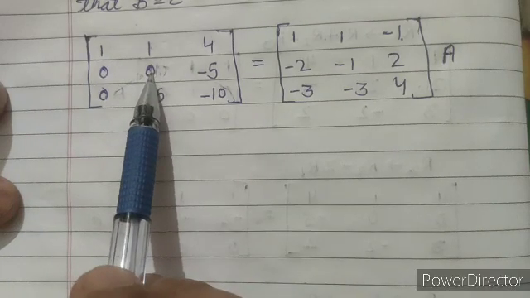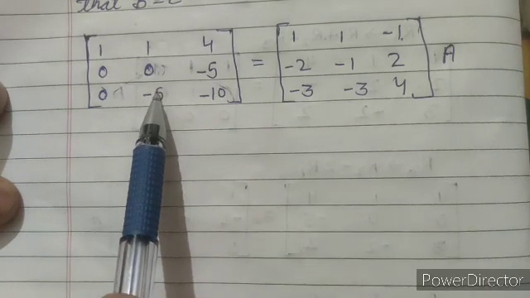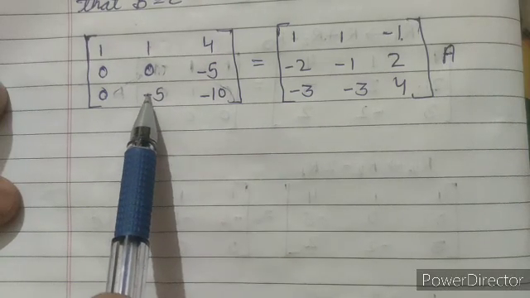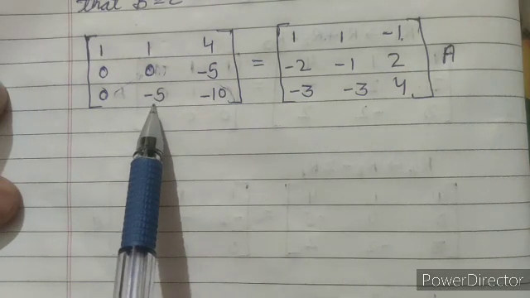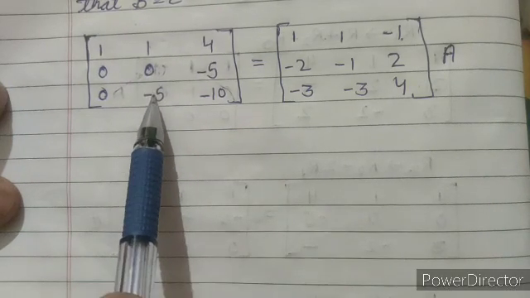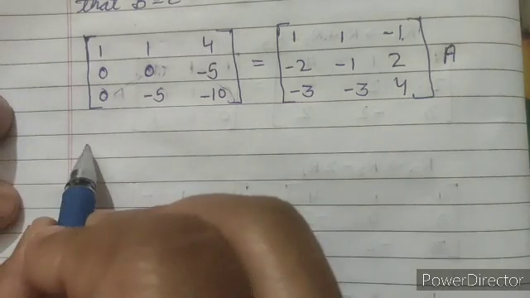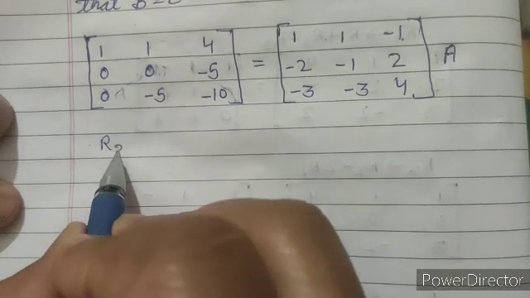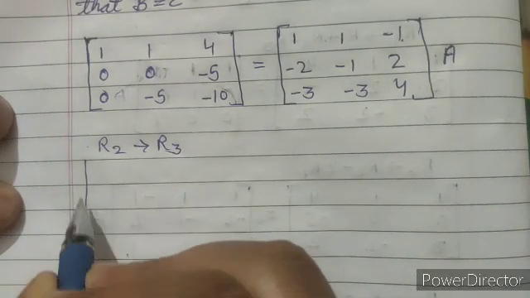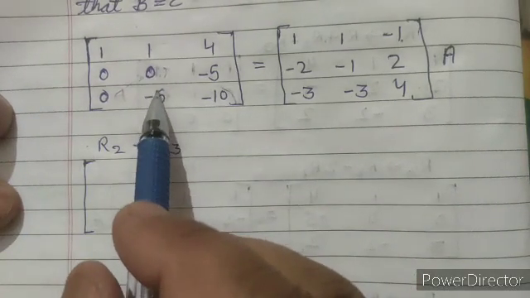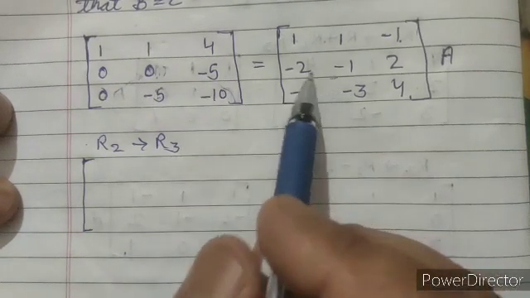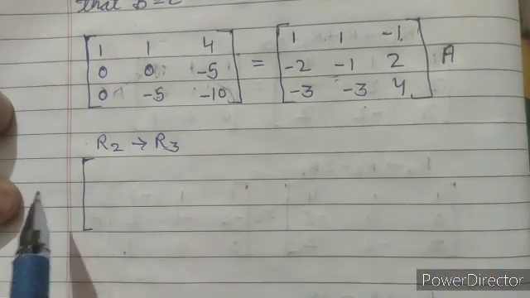Now for this, if we interchange row 2 and row 3 and then divide it by minus 5, then that will give us 1. So we are interchanging row 2 and row 3. Now on interchanging row 2 and row 3, row 1 will remain the same, and in place of row 3 we will write down row 2, and in place of row 2 we will write down row 3 in both the left hand and right hand matrices.